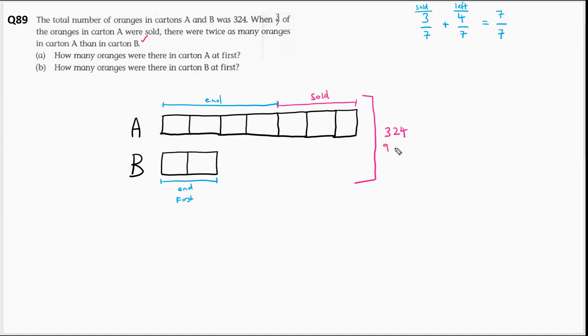Nine equal parts. So it really is going to be this easy. We're going to divide 324 by 9, which gives us 36. So we know the value of each of these parts.